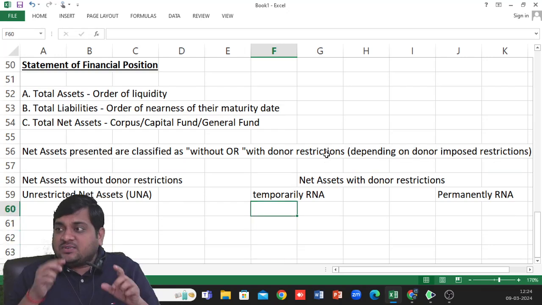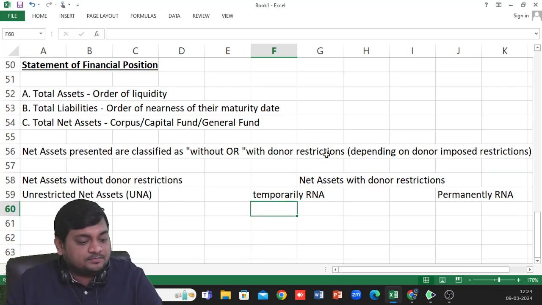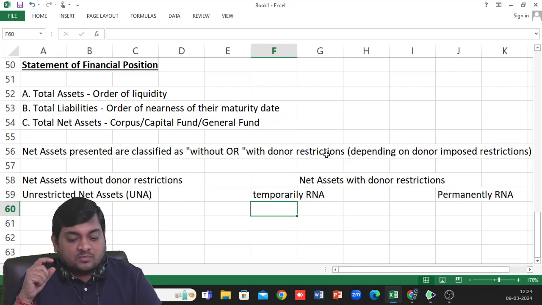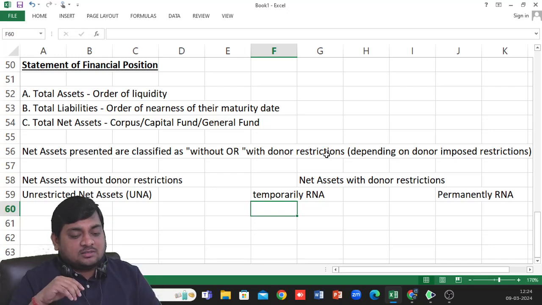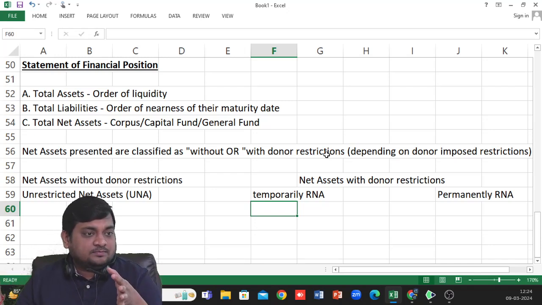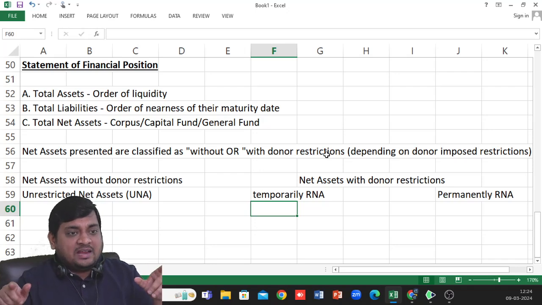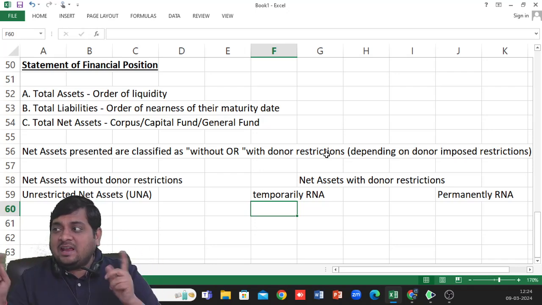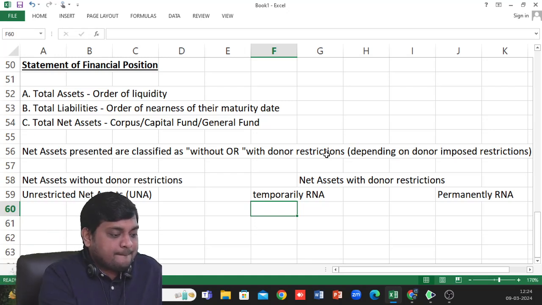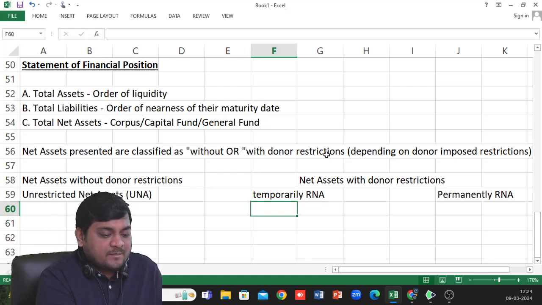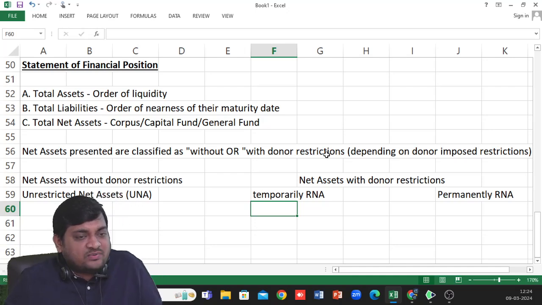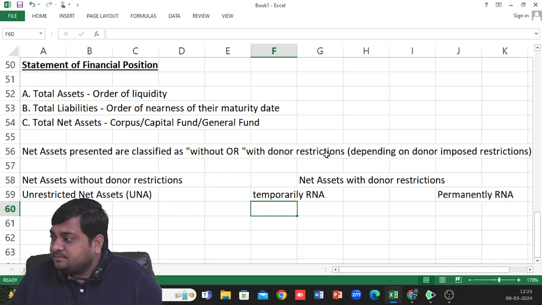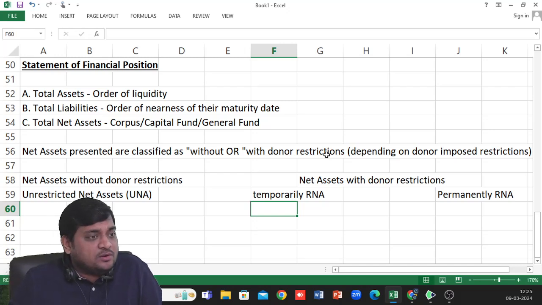So net assets are first classified between without donor and with donor. Without donor is UNA. With donor is RNA. In RNA also we have two, tRNA and pRNA. Right? Is it fine? I guess this is absolutely okay with all of you.